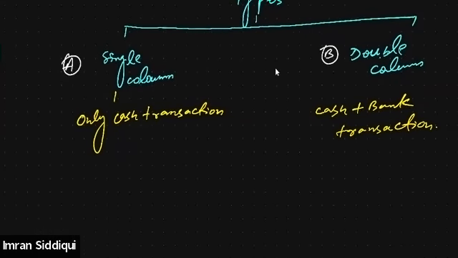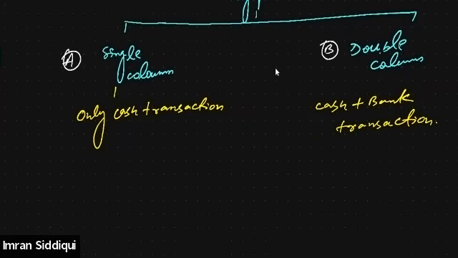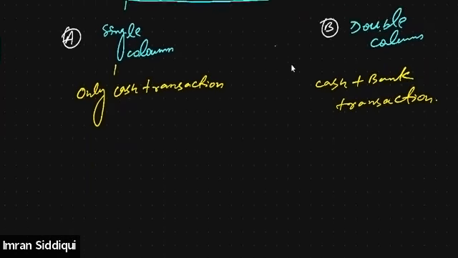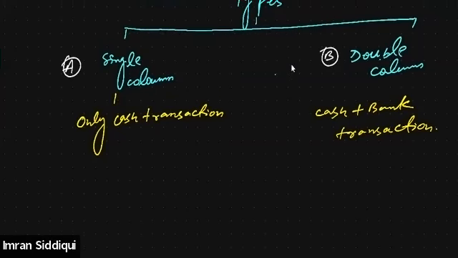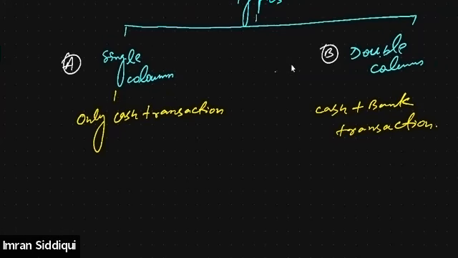There are two types: single column and double column. Single column cash book records transactions which only involve the inflow and outflow of cash, whereas double column cash book records transactions which affect the cash as well as bank. So both aspects are covered under the double column cash book.